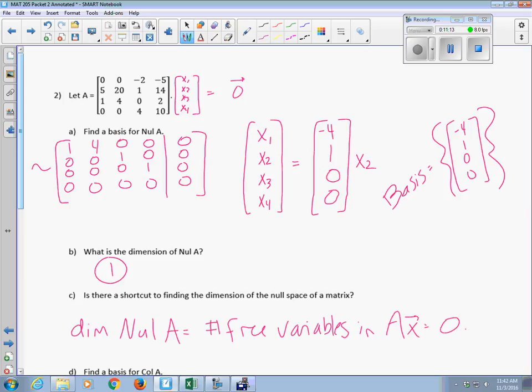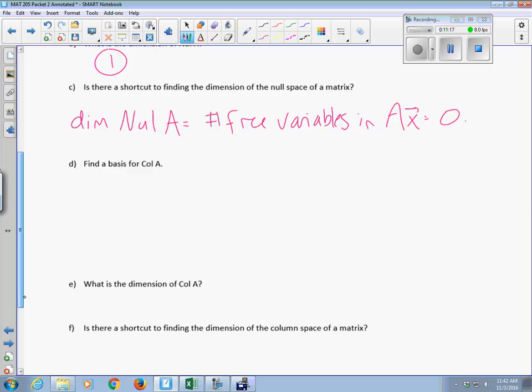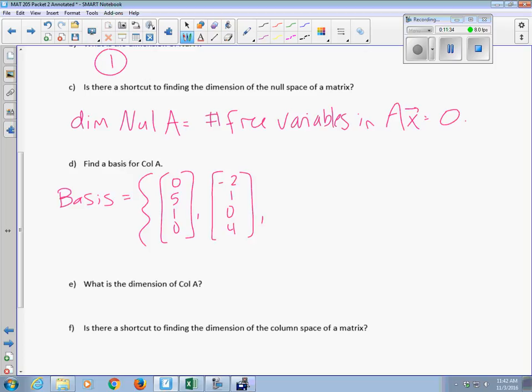So I take 1, 3, and 4 from my original matrix A, and those form a basis for col A. So I get 0, 5, 1, 0, -2, 1, 0, 4, and -5, 14, 2, 10.